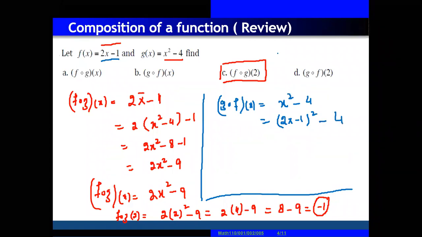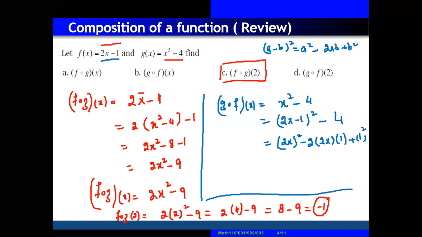Now this is the formula. You know that a minus b whole square equal to a square minus 2ab plus b square. So expand this formula. We have 2x square, like this is a square, minus 2 multiplied with a, where a is 2x, multiplied with b is 1, and we have also 1 square.